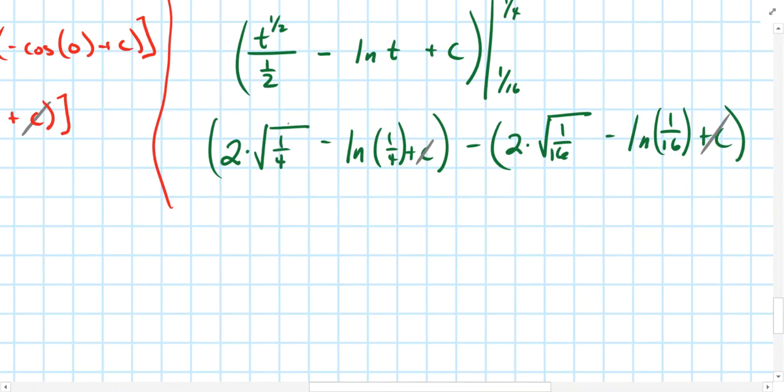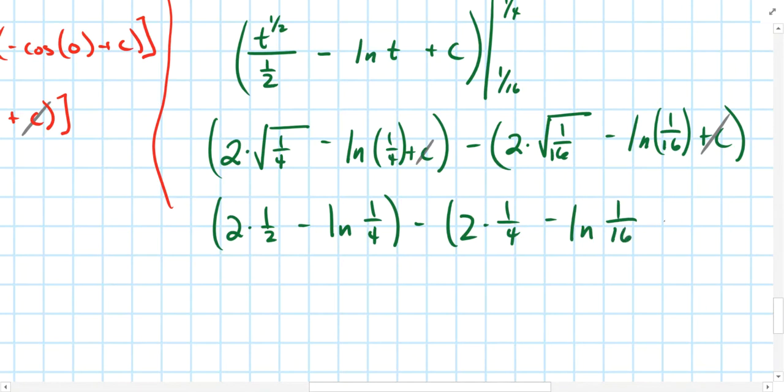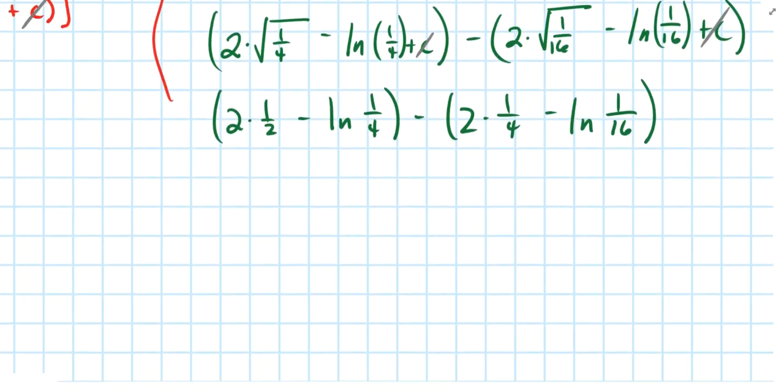The square root of a fourth, what value multiplies by itself to equal a fourth? Well, that's 1/2. So we now have 2 times 1/2 minus the natural log of 1/4 minus 2 times 1/4, the square root of a 16th is a fourth, minus the natural log of a 16th. And if we distribute and combine like terms and drop all parentheses, we're now looking at 2 times 1/2, which is 1, minus the natural log of a fourth, minus 2 times a fourth.